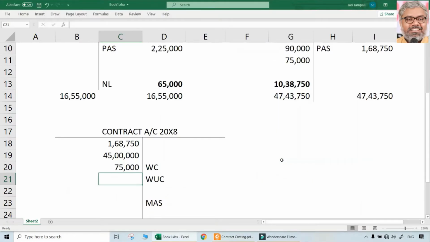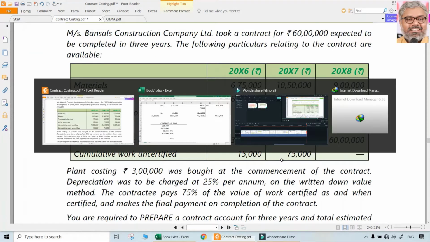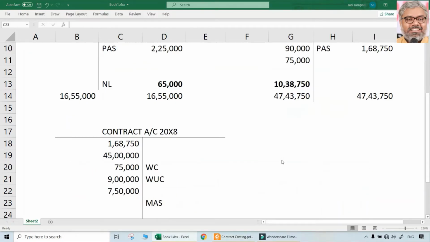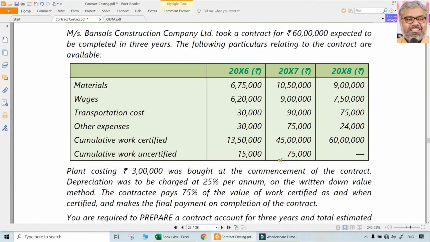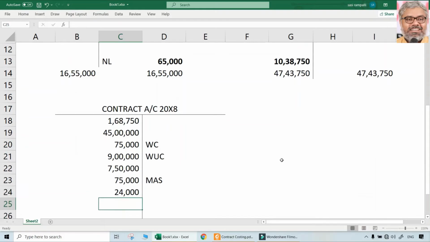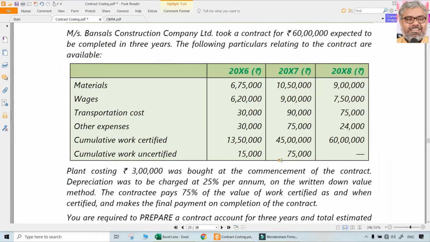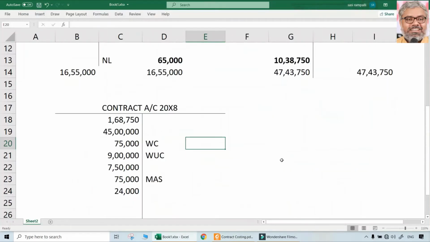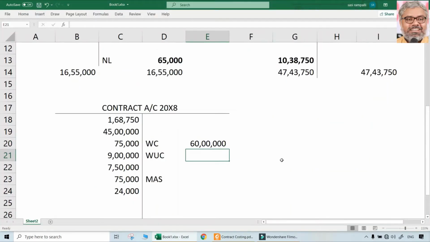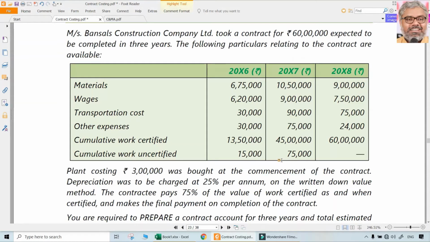During the year, 9 lakhs rupees materials were issued, 7,50,000 rupees labor cost was incurred, 75,000 is transportation cost, 24,000 is other expenses, and work certified was completely 60 lakhs, the full price of the contract. Work uncertified was 0, nothing was there.